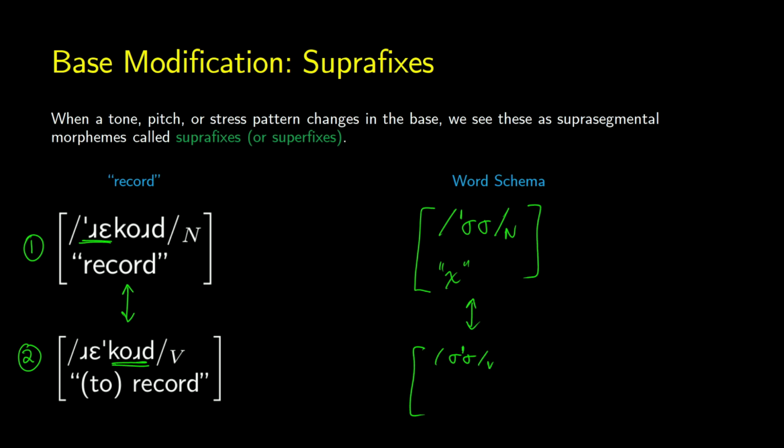It's a verb, and this just means to X. So that's the verbal form. So this shift in stress can be modeled in our word schemas as well. It's a two-syllable word, stress is on the beginning, it's a noun. If stress is on the second syllable, it's a verb. This won't work with all words, but this can be generalized for quite a few English words.